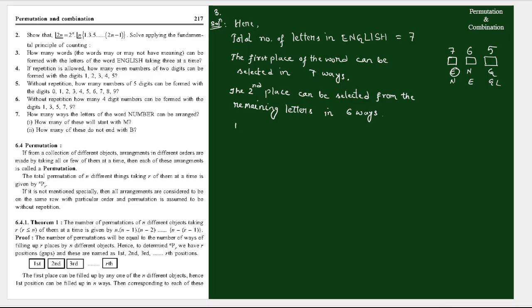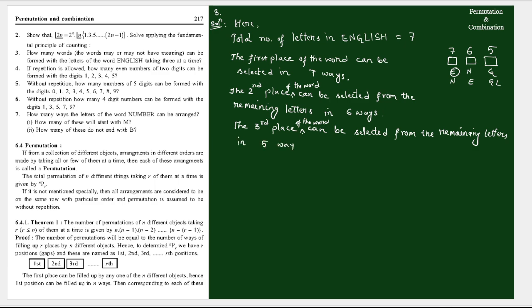The third place of the word can be selected from the remaining letters in how many ways?